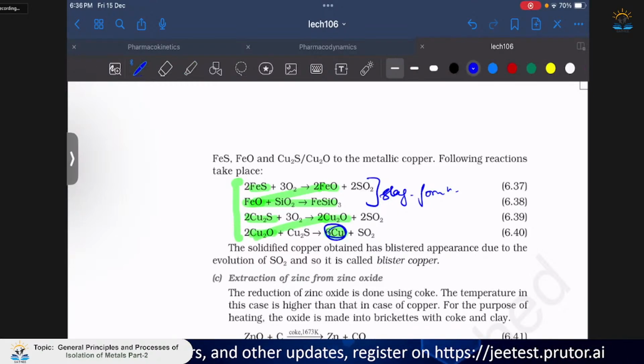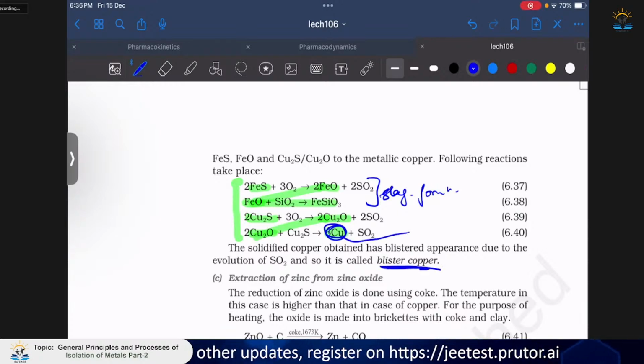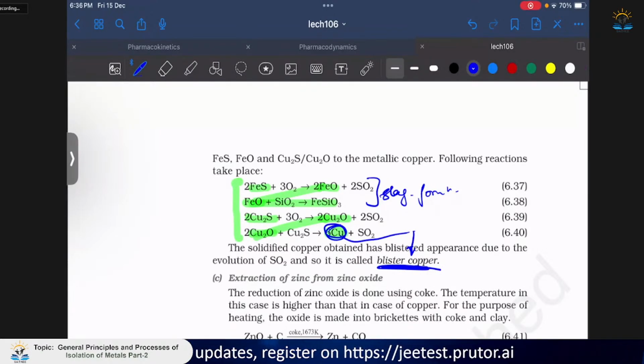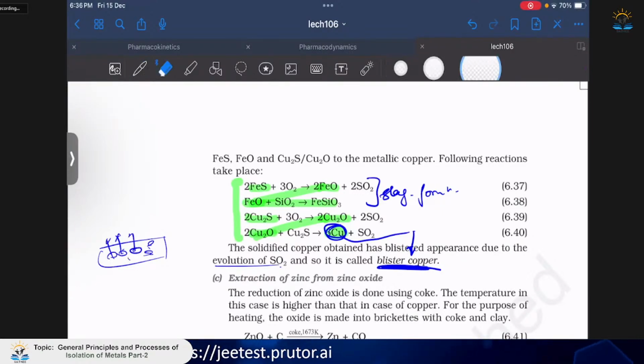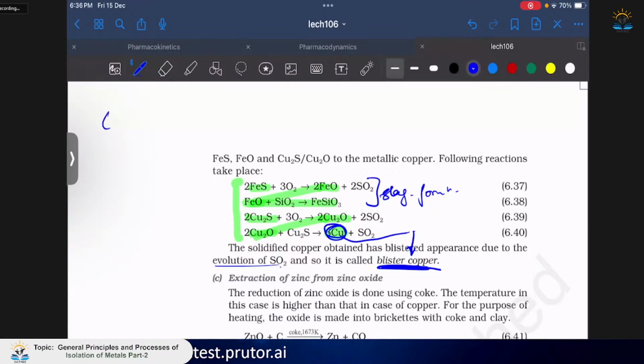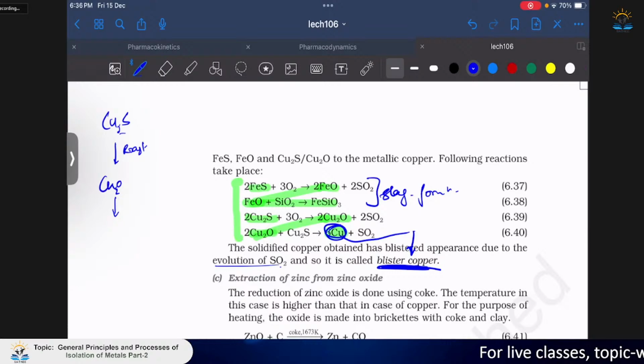So what is happening for copper? To extract blister copper, this is blister copper because of evolution of SO2, there SO2 is evolving, so it will form blisters. So to make blister copper, what you have to do? You have to first take basically sulfide, roast it to oxide, then again reduce it to sulfide only.